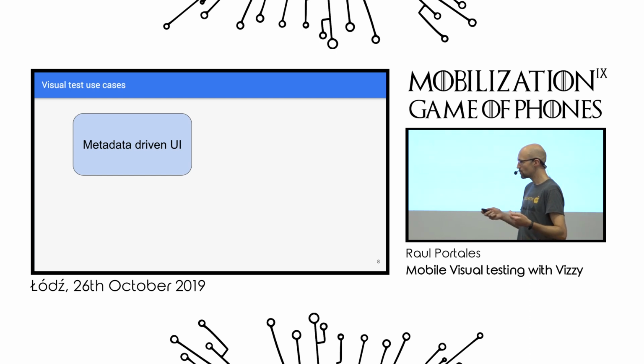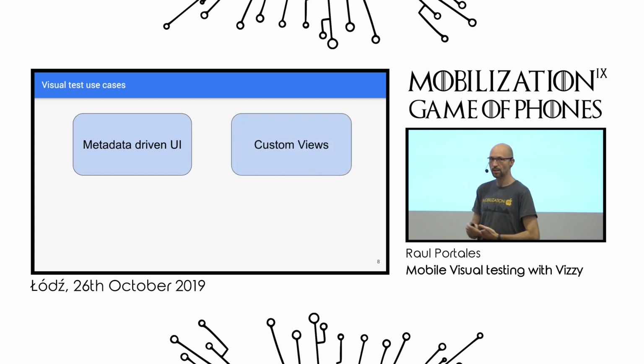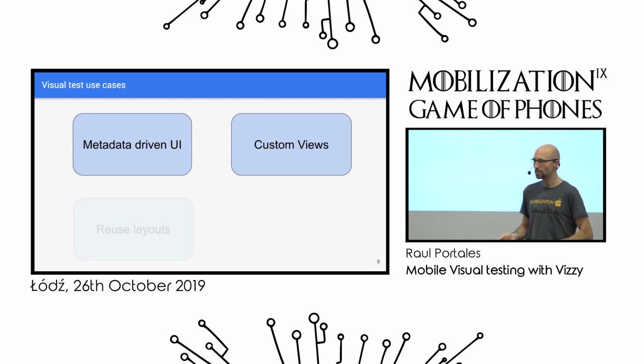But you may not need something that complex. Maybe you just have custom views. You create your own view and you use it in different places. Every time you touch this view, you want to be sure that it's going to display as you want it everywhere you're using it. Not everybody has custom views, but let's not stop there.